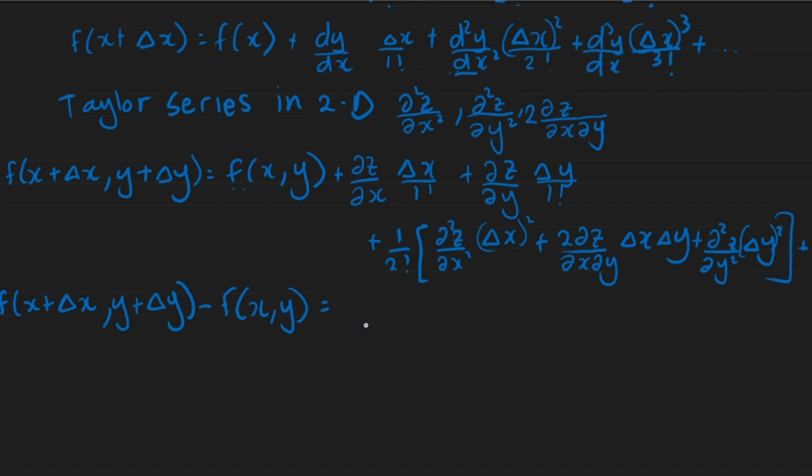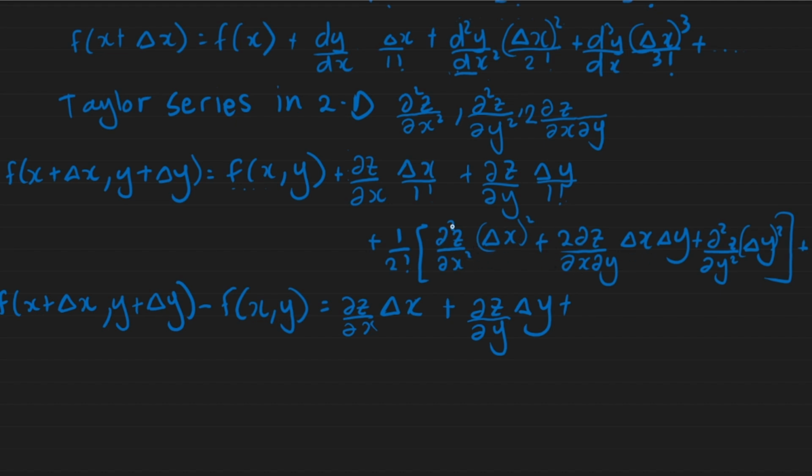So starting from here, we write this ∂z/∂x times delta x, that term, then plus ∂z/∂y times delta y, and plus these higher order terms. So it's ∂²z/∂x² delta x squared, etc., etc.